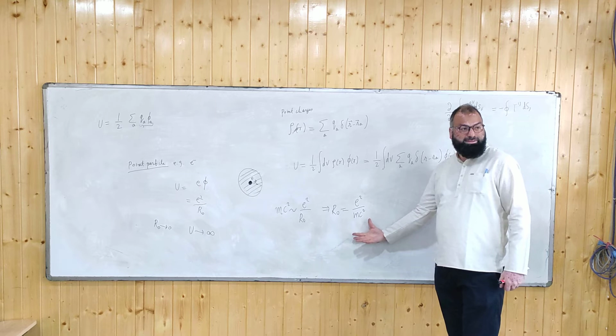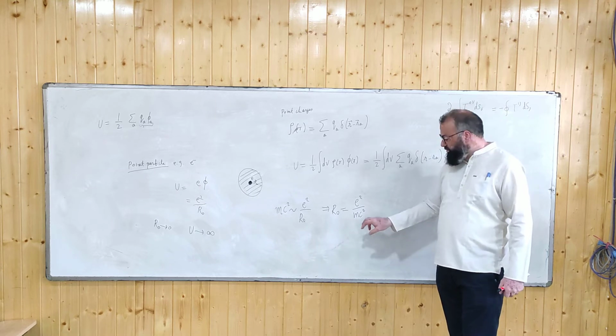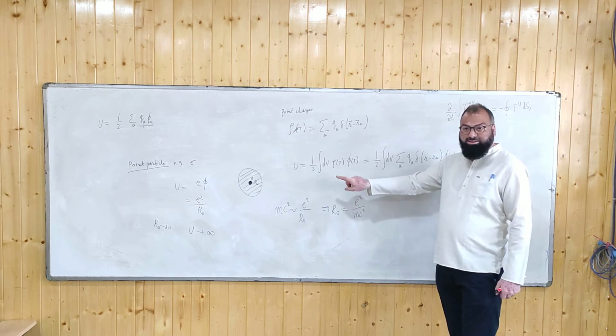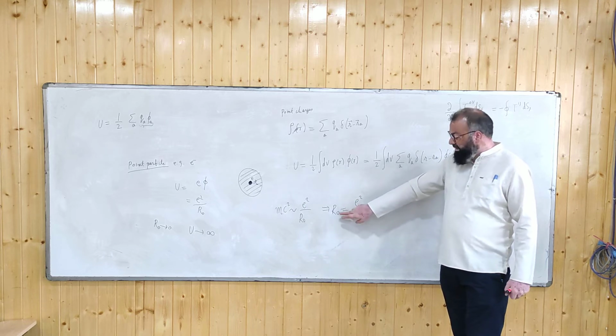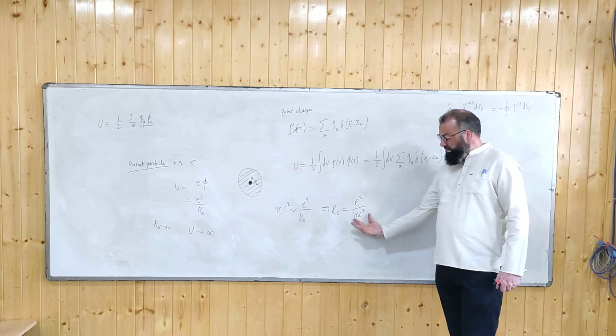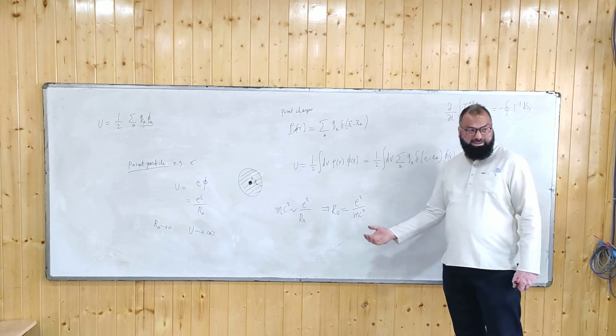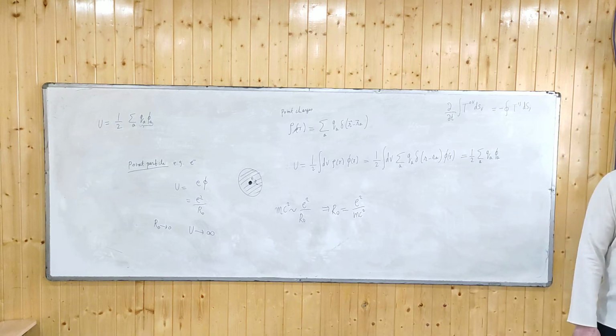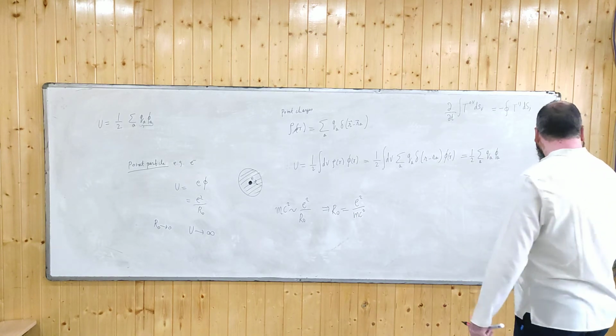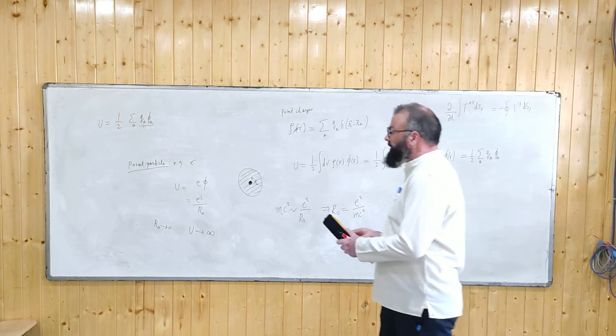You got my point? Now you can observe from here the infinite concept. Since charge is fixed, if I have to make this R naught equal to 0, what does it mean? So mc square, this energy, should be infinite in nature.